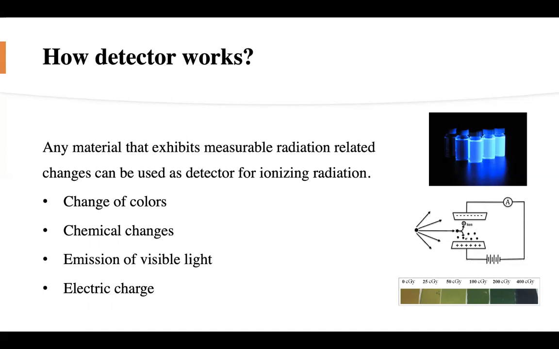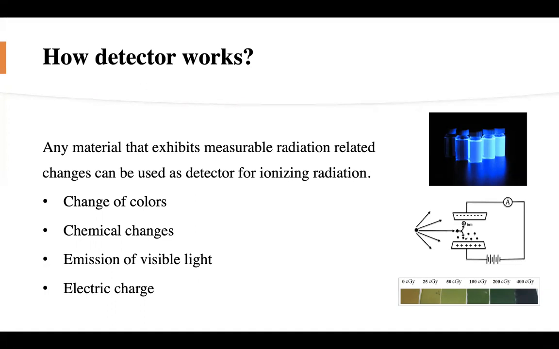How does a detector work? As we see in the first slide, we talk about the interaction of radiation with the material. There are two mechanisms: interaction through ionization or excitation, or chemical change in this material.